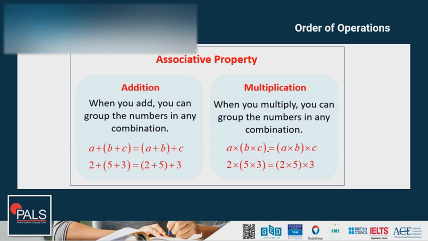Now with multiplication, A times B times C, if you start multiplying B and C, and then A, is the same as multiplying A and B first, and then multiplying by C. The same number. 5 times 3 is 15, and then times 2 is equal to 30, which is equal to 2 times 5, which is 10, times 3, also 30.